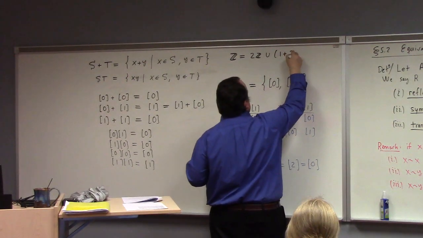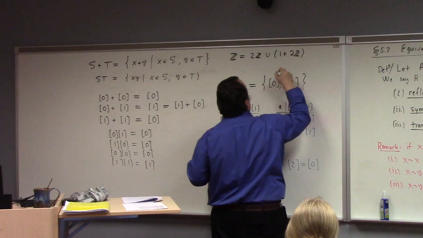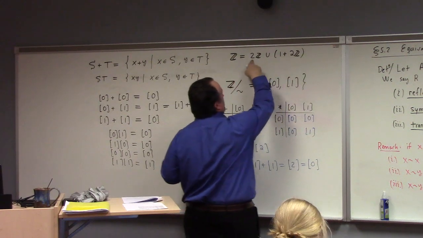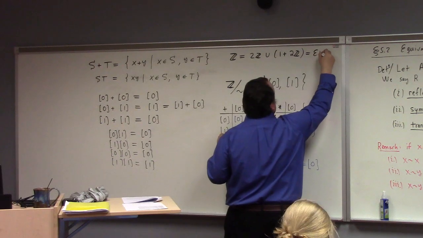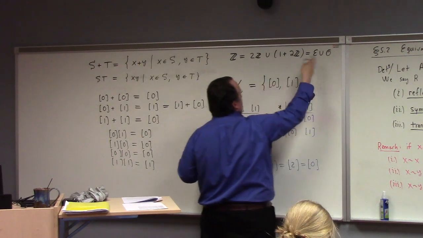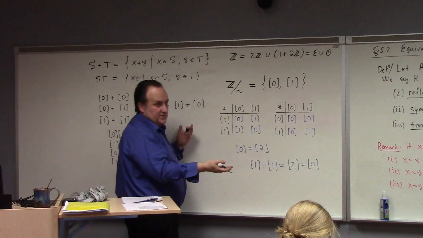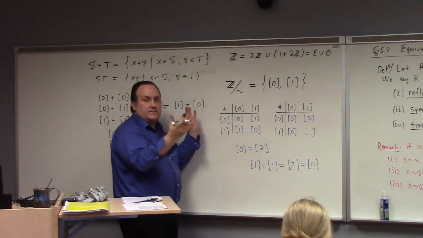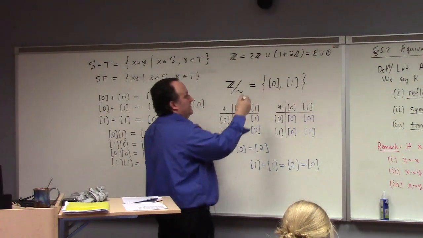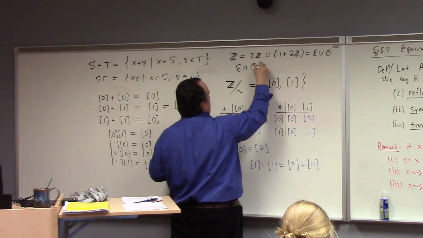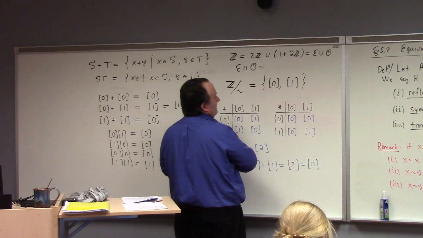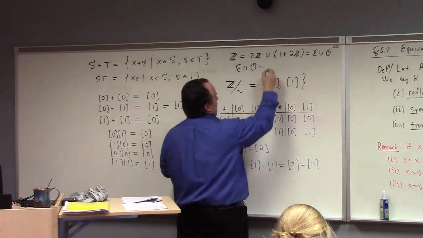We'll talk more about this when I have a little more time. So even union odds gives me the whole integers. And is there any commonality? What's the intersection of even and odds? The empty set. The empty set, right.